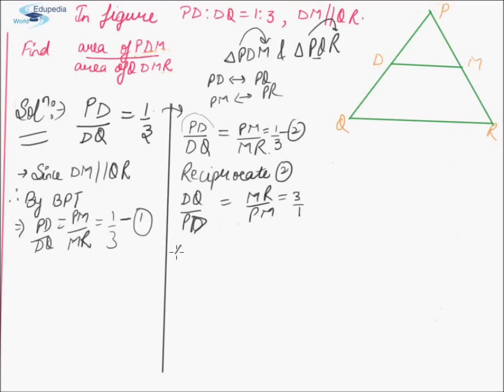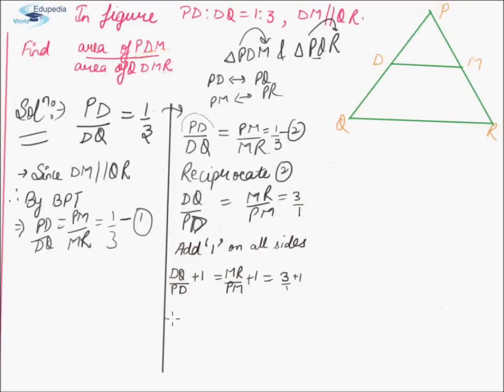Now add the numerical value 1 on all the sides, that is this left hand side, this middle side and this right hand side. So we get DQ over PD plus 1 equal to MR over PM plus 1 equal to 3 over 1 plus 1.